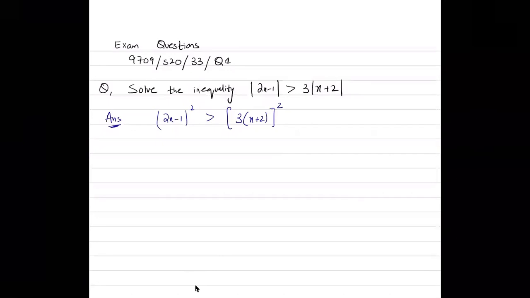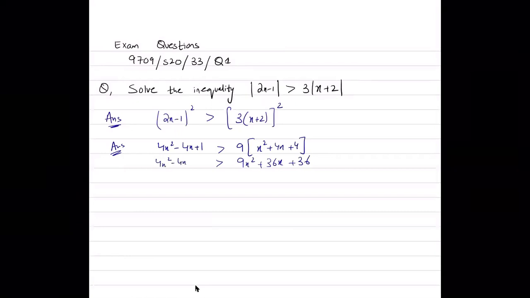Do you want me to solve this? Okay, I can solve this for you. So this is going to be 4x squared minus 4x plus 1. This is going to be 9 times x squared plus 4x plus 4, which is 9x squared plus 36x plus 36.